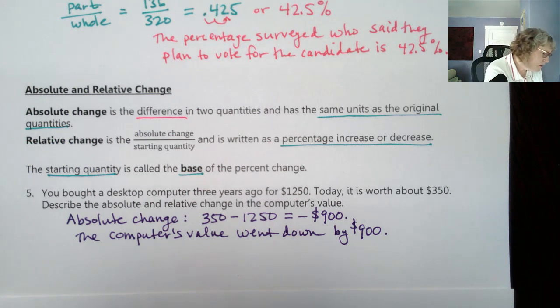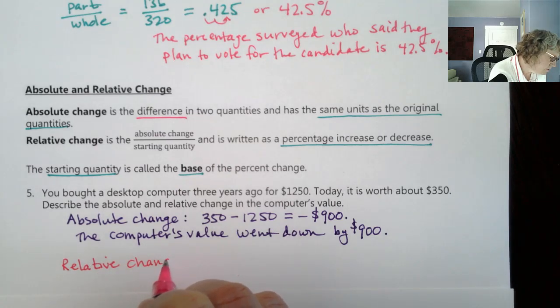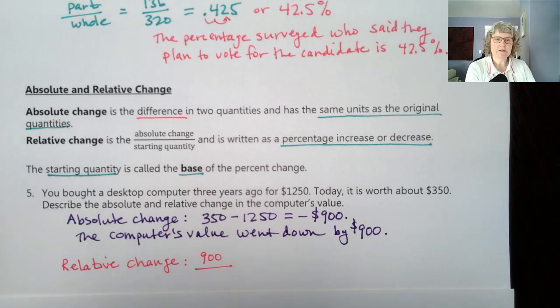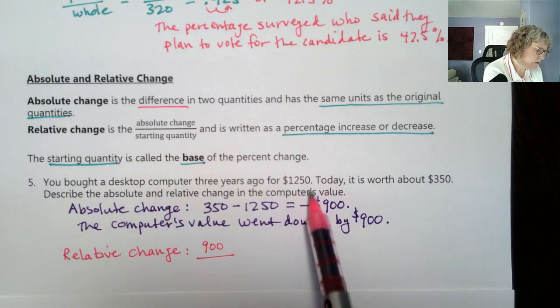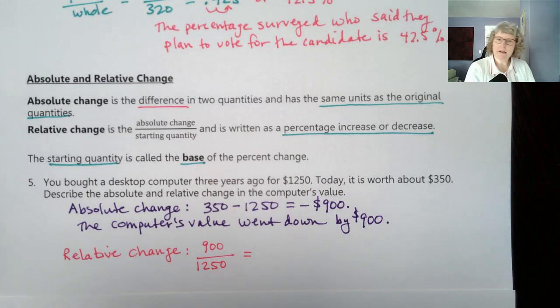So to get the relative change, I'm going to take the 900 and I'm going to divide by the starting value because it's the percentage of that. So of the original value. So the original value is 1,250. I could put the negative sign there. I know it decreased, so I'm going to use the word decrease in my answer.